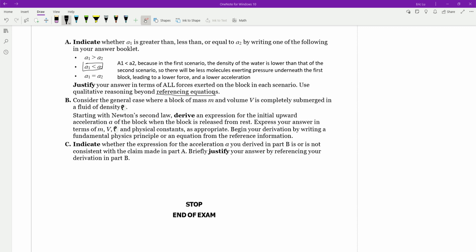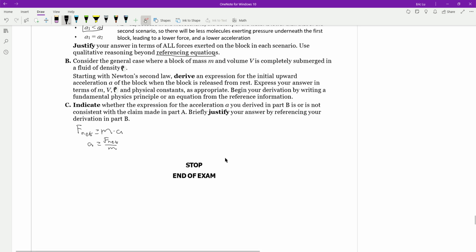So Newton's second law, the equation for that would be F net equals mass times the net acceleration. So the acceleration would then be a equals F net over m. Now, what would be the net force?